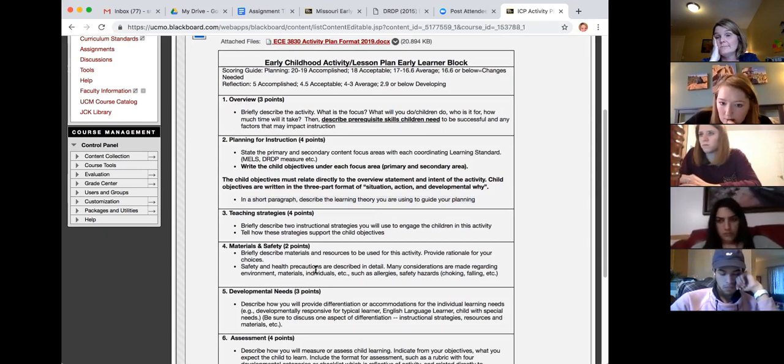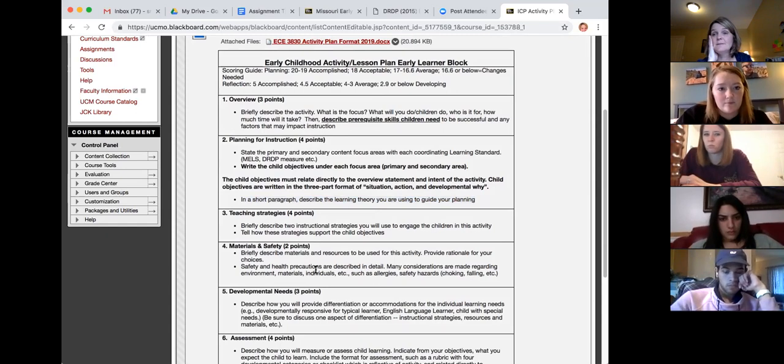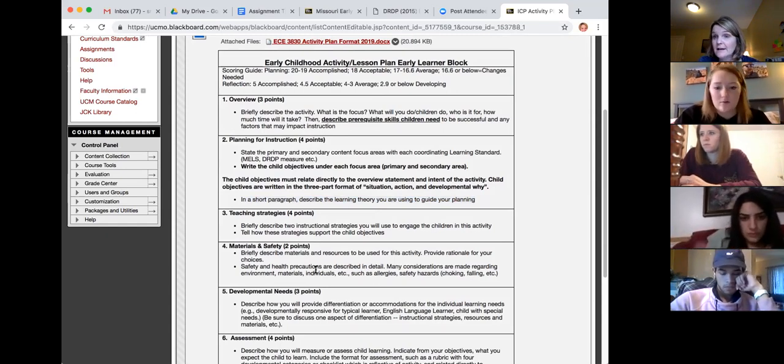For Play-Doh, what might be a safety issue with Play-Doh? Them eating it. Right. So you want to make sure you list that you will provide non-toxic Play-Doh, that you will talk about how we're going to use the Play-Doh to create our visual representations. We don't put it in our mouth, right?